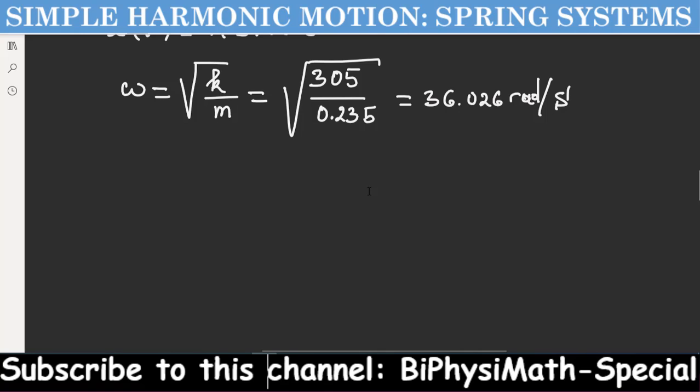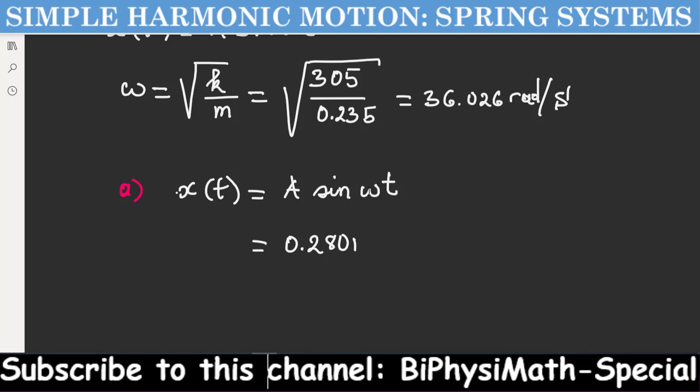We write the equation like this: the displacement as a function of time, x of t, equals the amplitude 0.08 meter, times sine of the angular frequency, radian per second, times t.